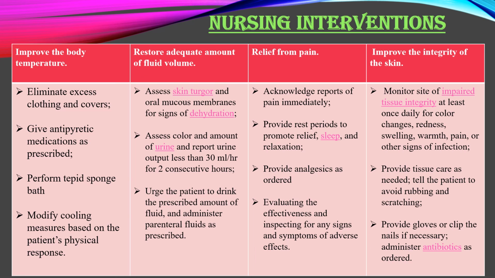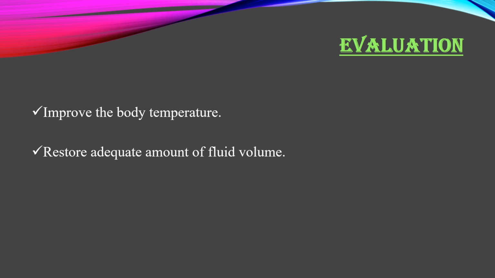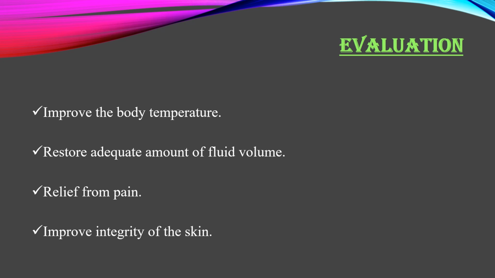Provide tissue care as needed. Tell the patient to avoid rubbing and scratching. The nurse can provide gloves or clip the nails if necessary. Administer antibiotics as ordered. The nursing process is completed by evaluating the improved body temperature, the restored adequate amount of fluid volume, relief from pain, and improved integrity of the skin.